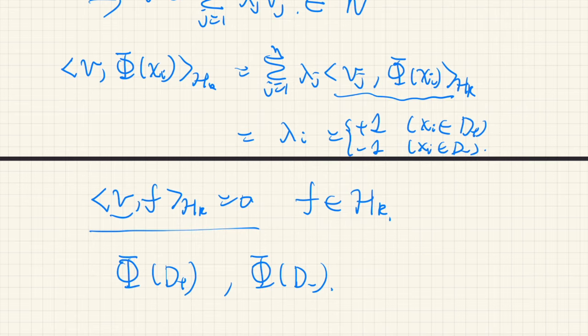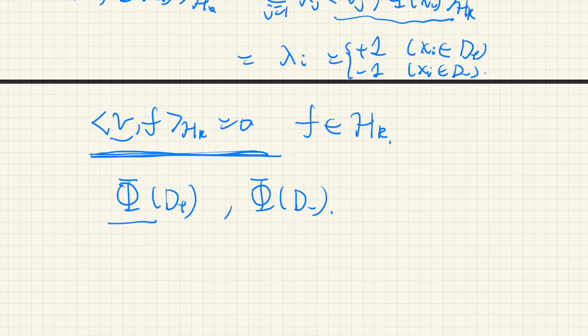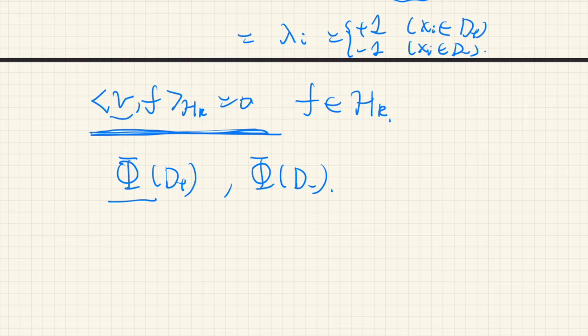So after we transform the original data in the set X into the Hilbert space H_K through this feature map phi, then the problem is now linearly separable. So we can have the classifier as a hyperplane like this. But in the original space, it is still a nonlinear function. So let's see how it looks.